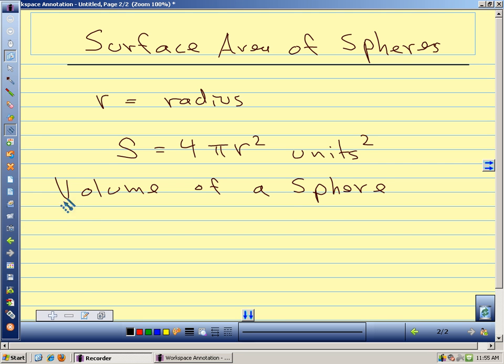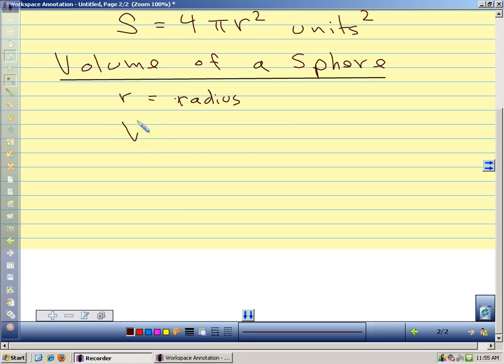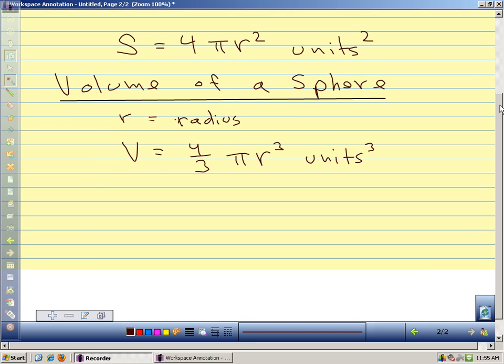Volume of our sphere. Again, all we need is the radius. Our volume is 4/3 pi r cubed, units cubed.